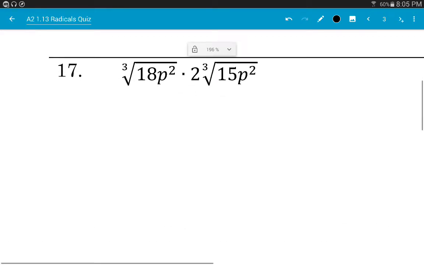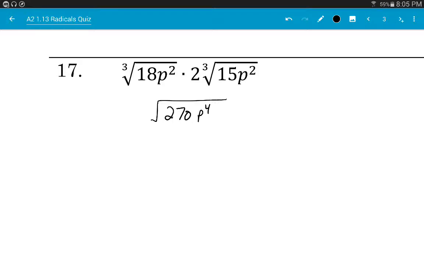For 17, 18 times 15 is going to be 180, 270. So it's going to be 270. P squared times p squared is p to the 4th, because we add the exponents. And out in front of the cube root was this 2 coefficient just hanging out, so I'll put him back.